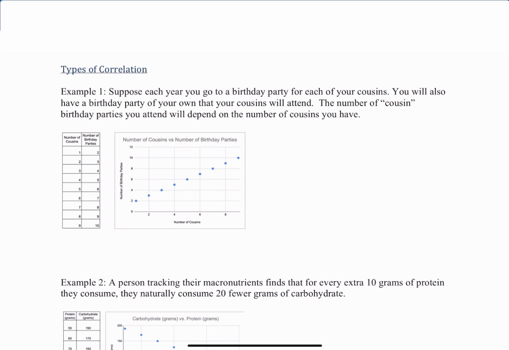So, example 1. Suppose each year you go to a birthday party for each of your cousins. You will also have a birthday party of your own that your cousins will attend. Then the number of cousin birthday parties you will attend will depend on the number of cousins you have.